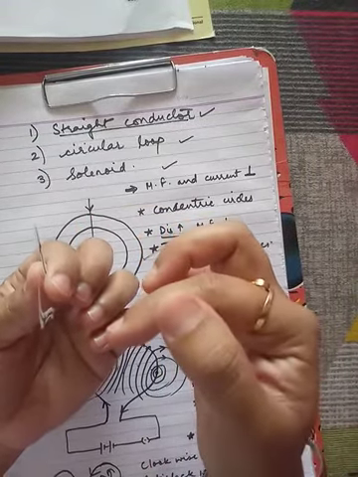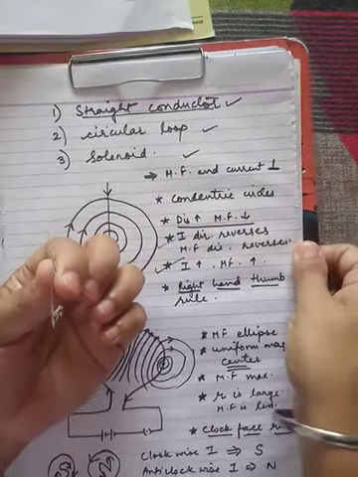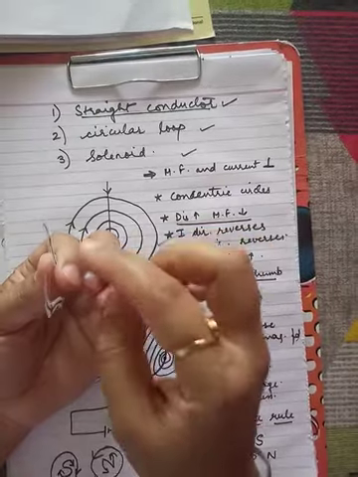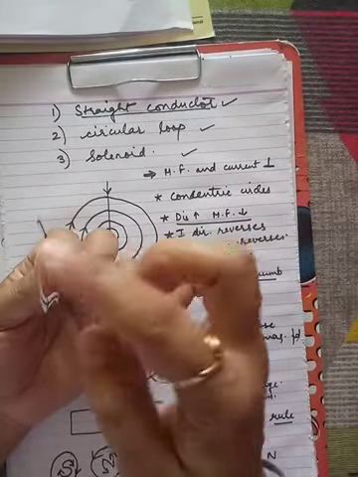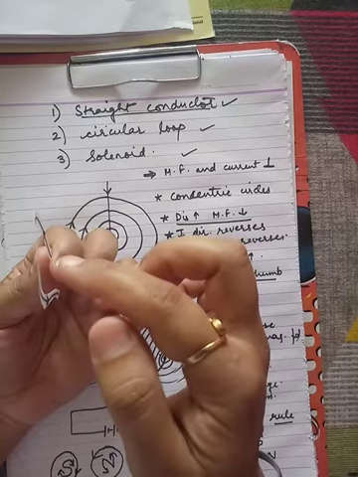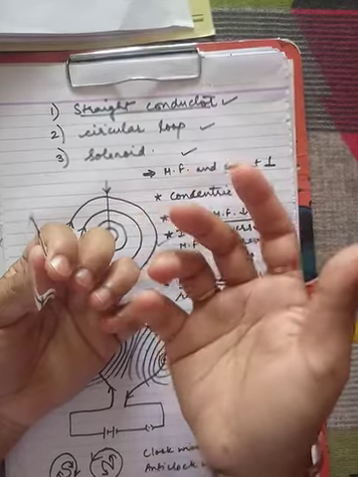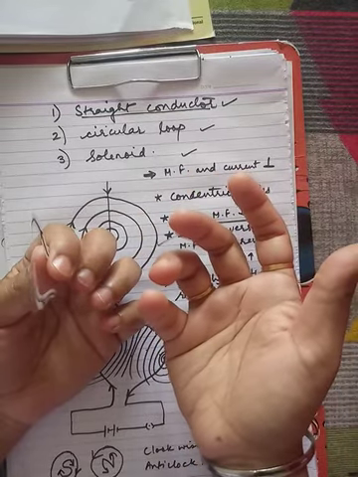And these turns are made up of insulated copper wire. What is insulation? We know insulation means the loops cannot conduct among each other. So, wrapping around a cylinder makes it that kind of shape.